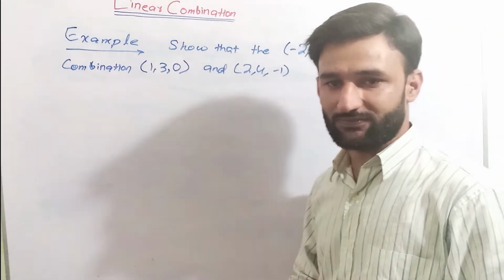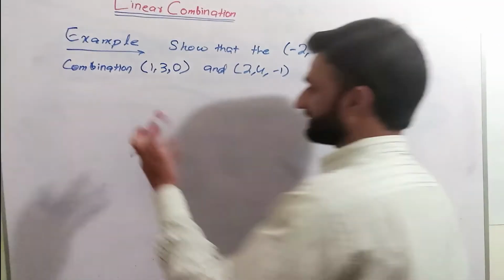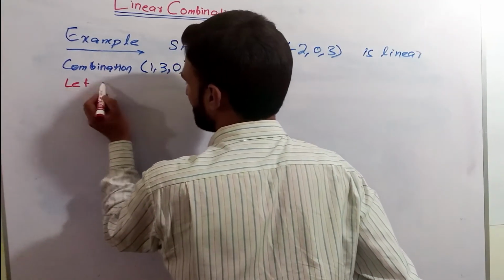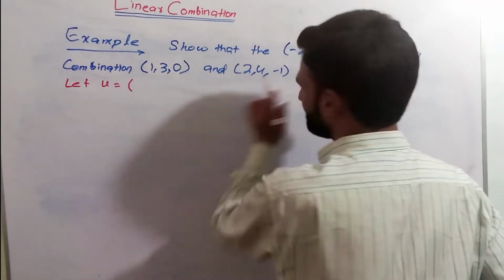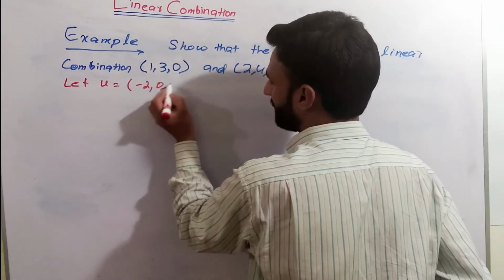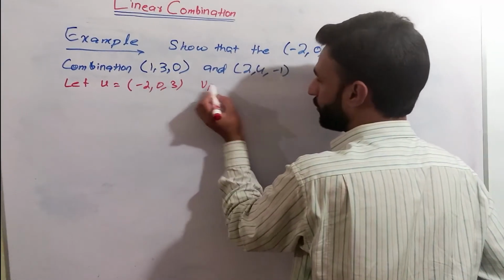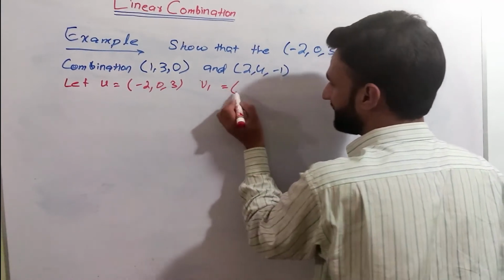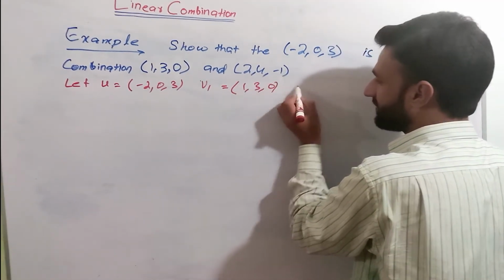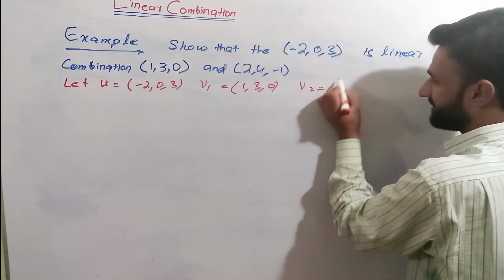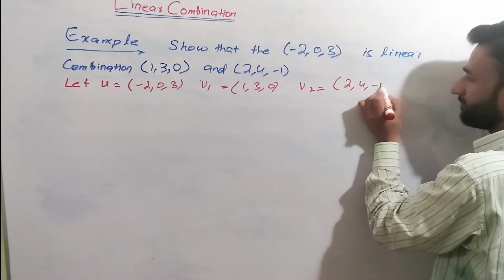We already know the definition. Let's suppose u equals the vector minus 2, 0, 3, v1 vector is equal to 1, 3, 0, and v2 vector is equal to 2, 4, minus 1.